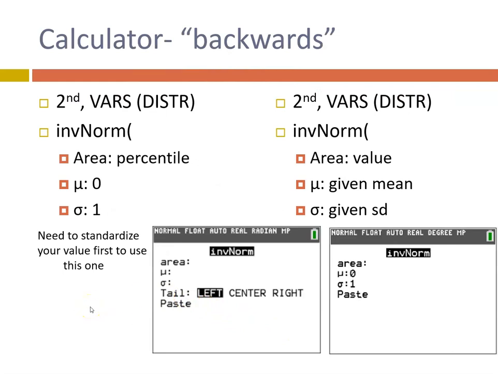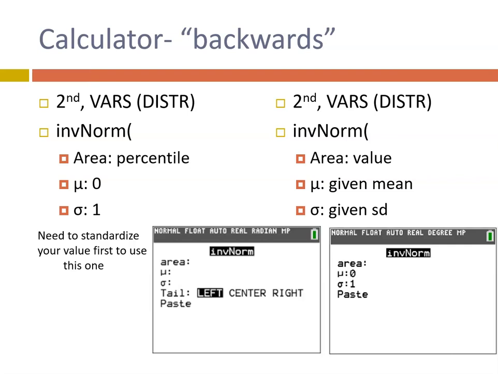As far as what this looks like in your calculator, when you go to your 2nd VARS, instead of clicking normal CDF, you're going to go to the next option, which is inverse norm, I-N-V-N-O-R-M. Inverse in mathematics is usually the opposite. So when we do normal CDF, that tells us the area based on a particular interval.